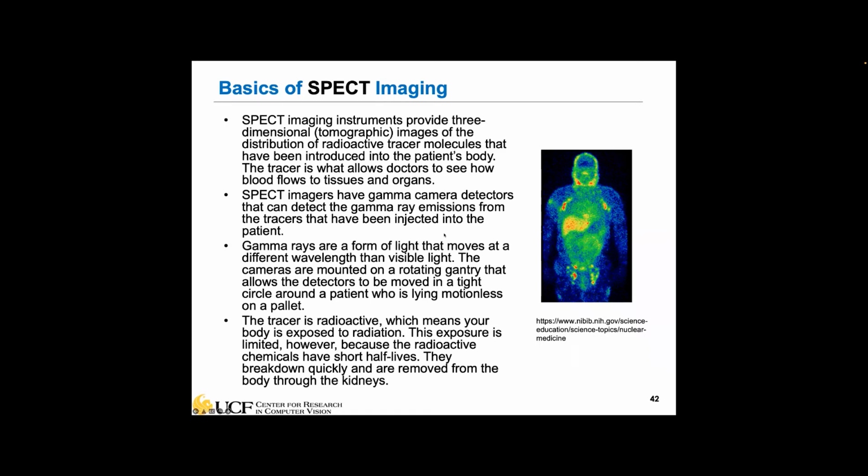The SPECT imager has gamma camera detectors to detect the gamma ray emission from the tracer. Basically the tracer emits gamma rays, and the specifically designed camera is able to pick up those gamma rays and make images like this.